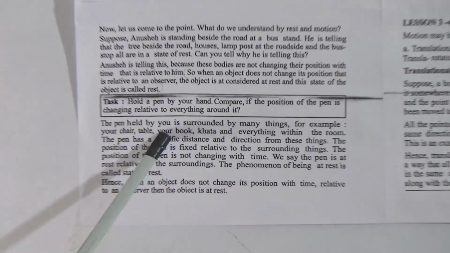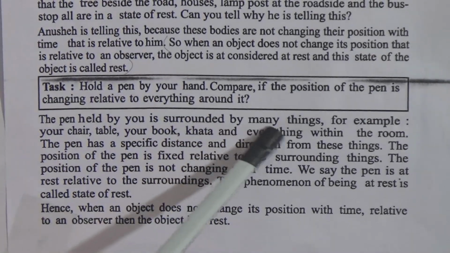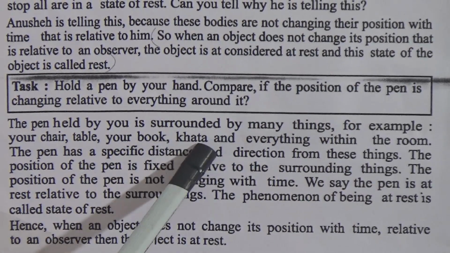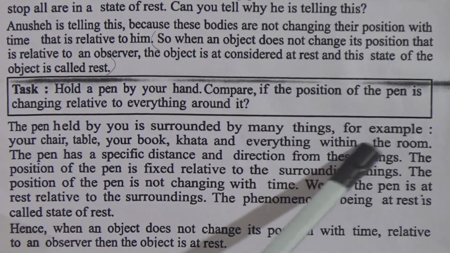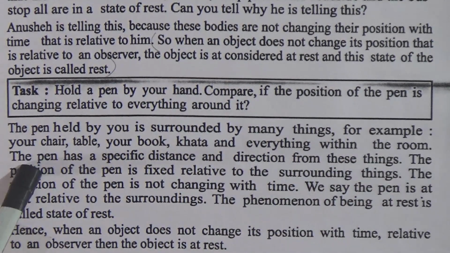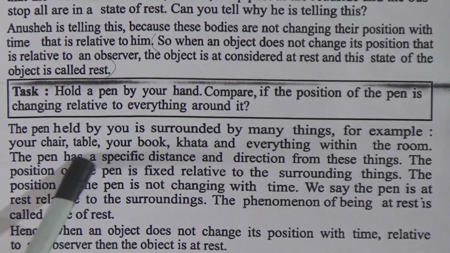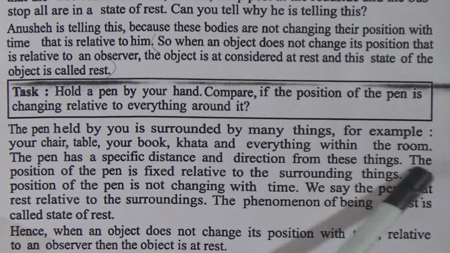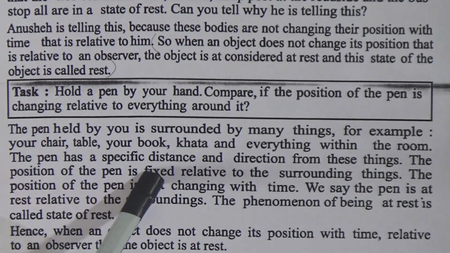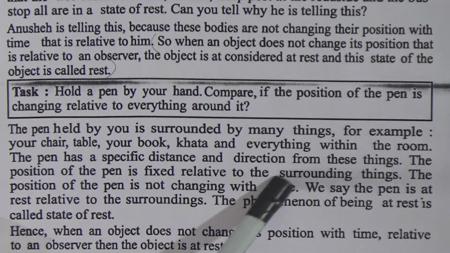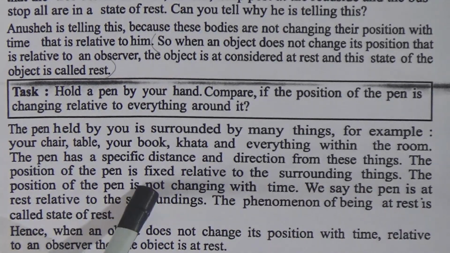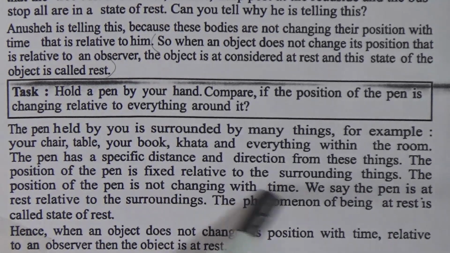Now dear students, the pen held by you is surrounded by many things. For example, your chair, table, your book, khata and everything within the room. The pen has a specific distance and direction from these things. The position of the pen is fixed relative to the surrounding things. The position of the pen is not changing with time.